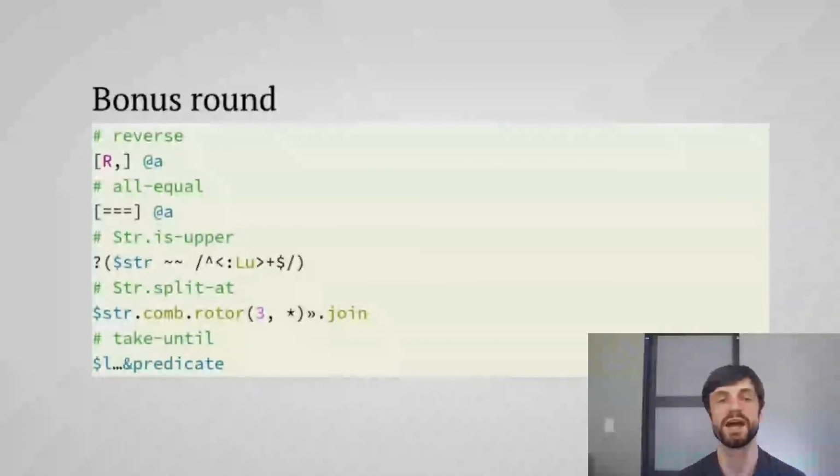So here the list L could already have certain items in it, and the predicate would still apply. So, if you want to say take until greater than 5 or take until is prime, or whatever, you can apply that not only to a sequence that you're generating on the fly, but also to an already existing sequence, and use that to filter or otherwise manipulate the existing list. So that's another pattern to be aware of.